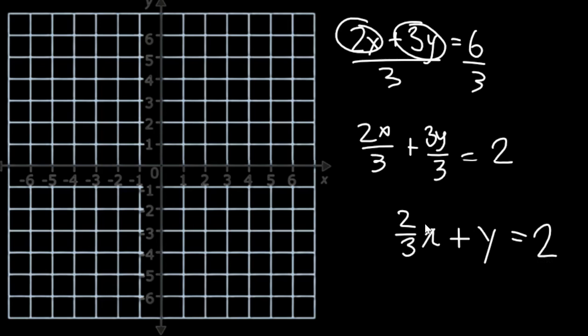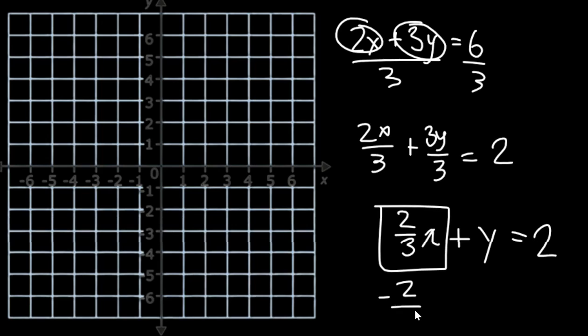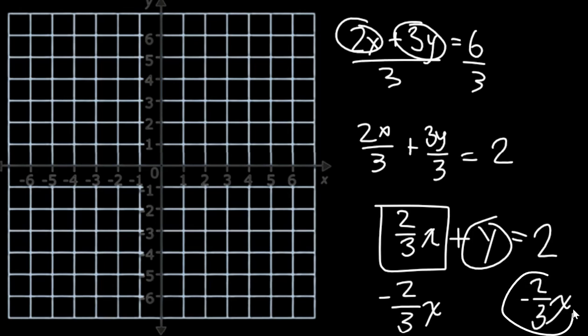And now all we need to do is move this to the other side. So we can subtract 2 over 3x from both sides. Get y equals negative 2/3 x plus 2. I don't have room to write that, but you can just think of it as y equals negative 2 over 3x plus 2.